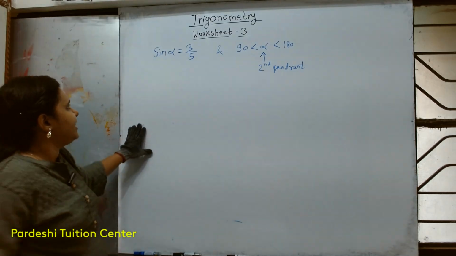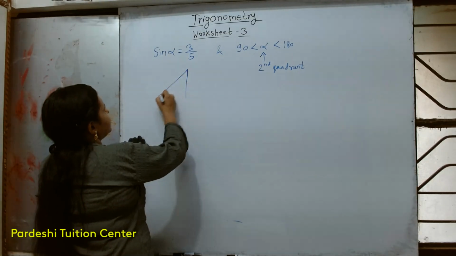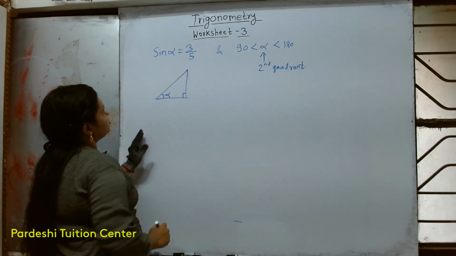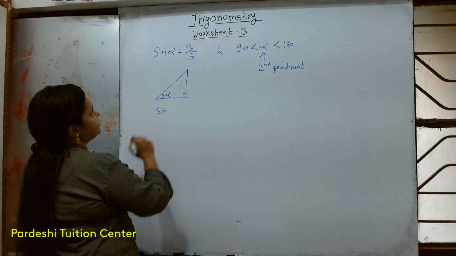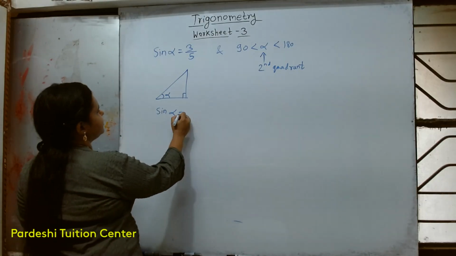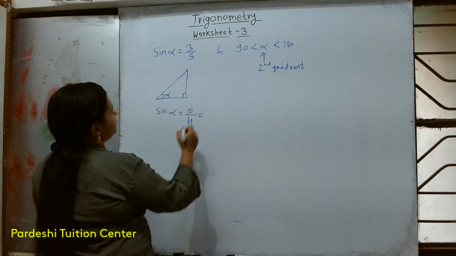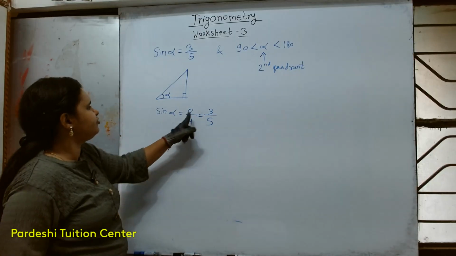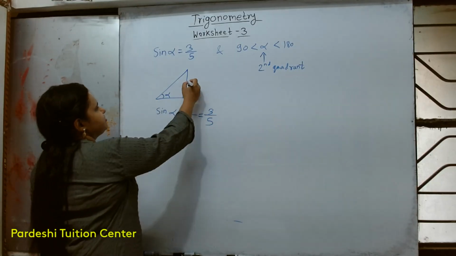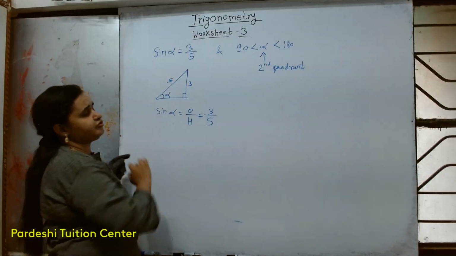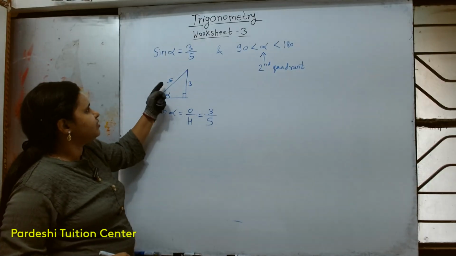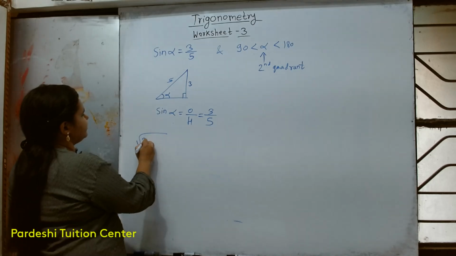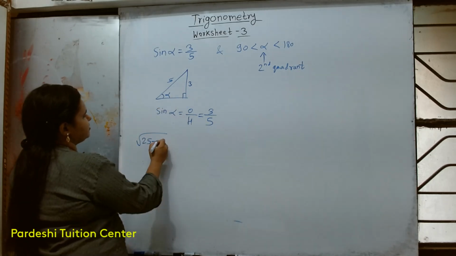So if I take a right angle triangle, and this is your angle alpha, the ratio for sin is opposite upon hypotenuse, and sin alpha is given as 3 by 5. So the opposite side of alpha is 3 and the hypotenuse is 5. So by Pythagoras theorem it will be under root of 5 square, that is 25, minus 3 square, that is 9.